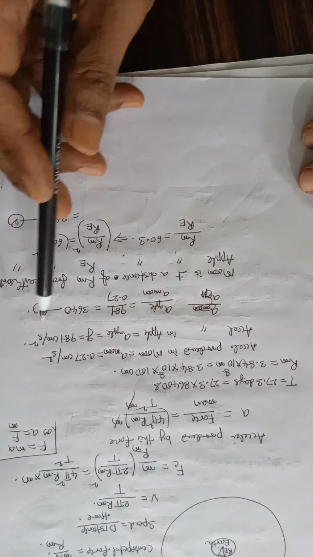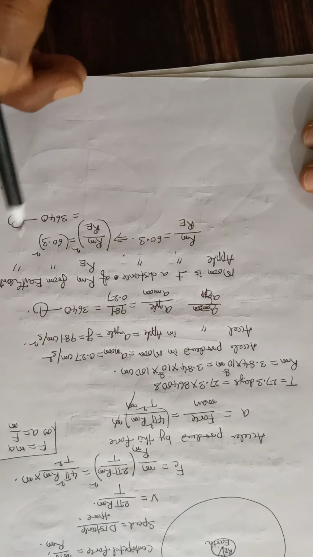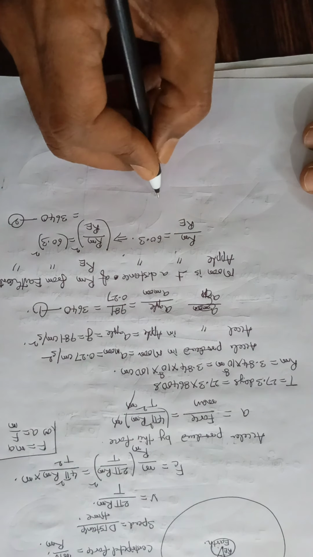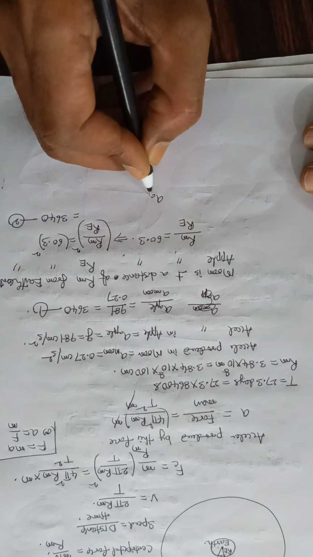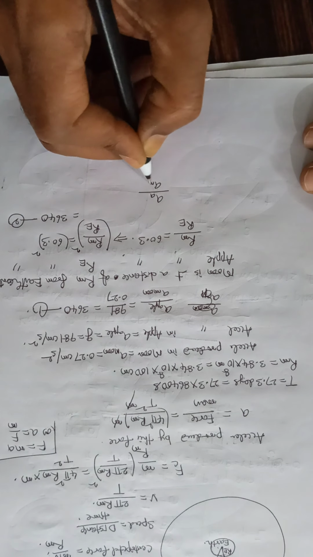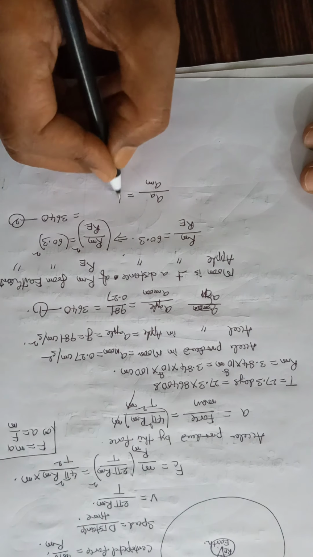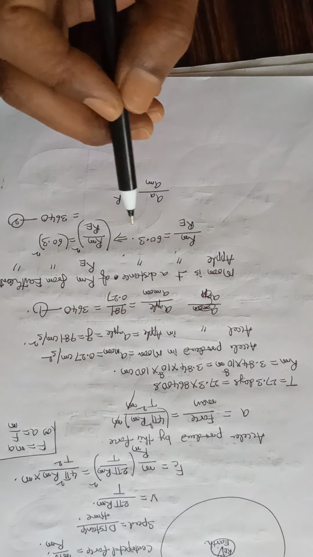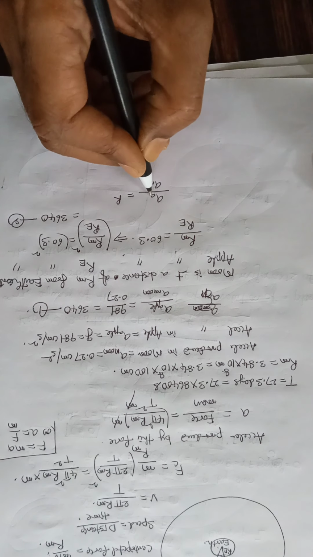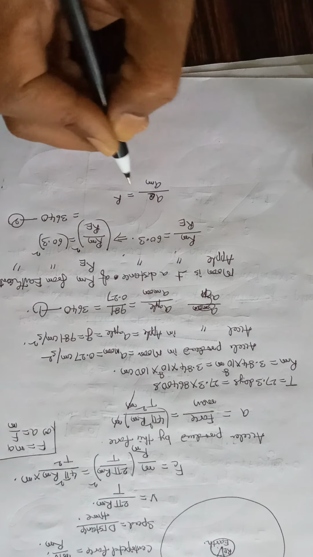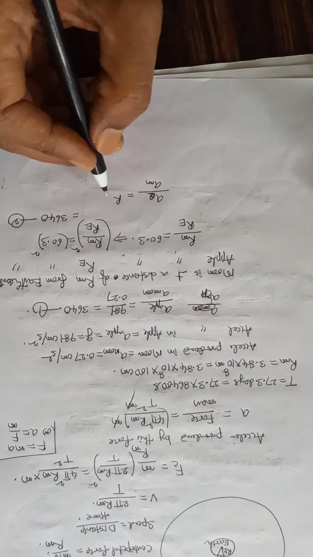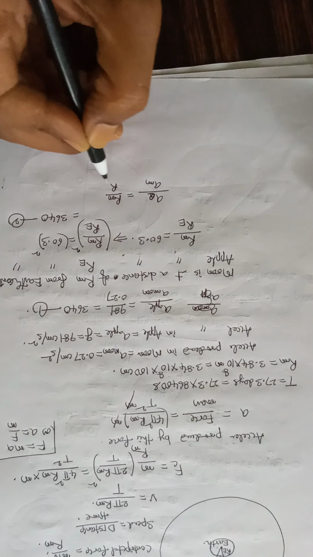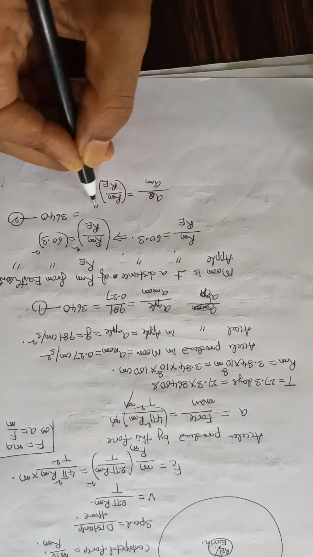See, for the first equation and second equation, RHS is the same. If RHS is the same, LHS must be the same. Therefore, A apple by A moon is equal to, instead of A apple you can write AE, Rm by Re whole square.